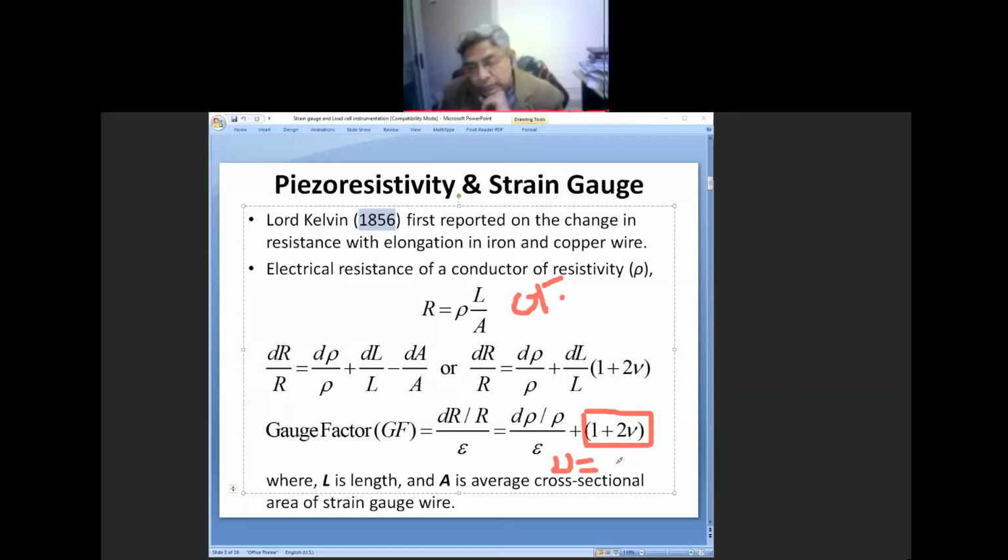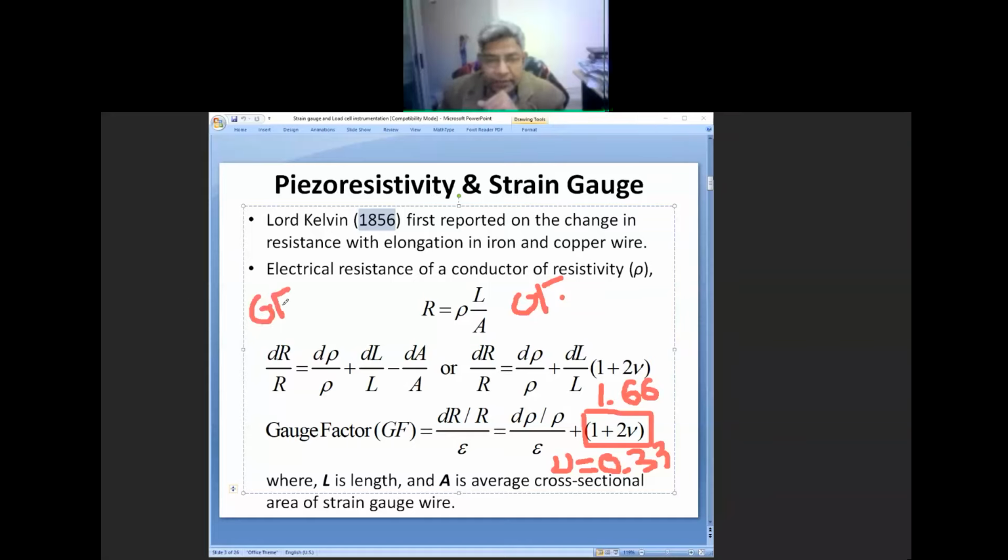For steel, what is the value of Poisson's ratio? This is the point three. It means what is the value of this number? 1.66. So what does it mean?